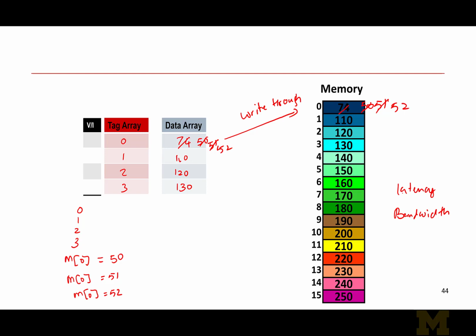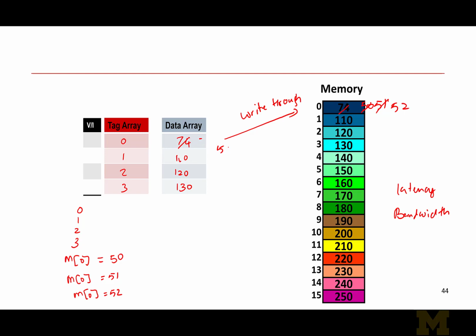Bandwidth means how many reads or how many stores I can perform in a given period of time. Now if I'm going to do so many writes, then I'm going to consume a lot more bandwidth. And so you may be wondering, is there a way in which we can avoid these write-throughs? And the answer is yes.